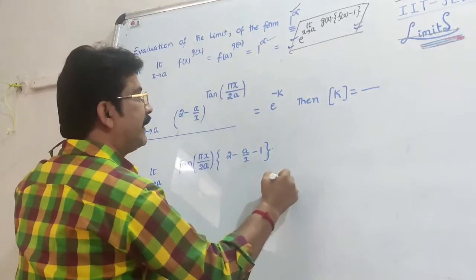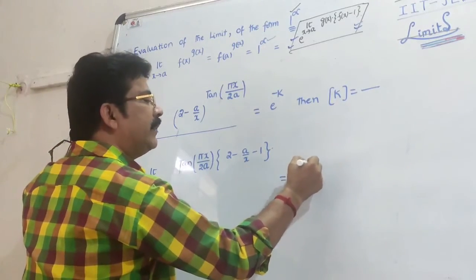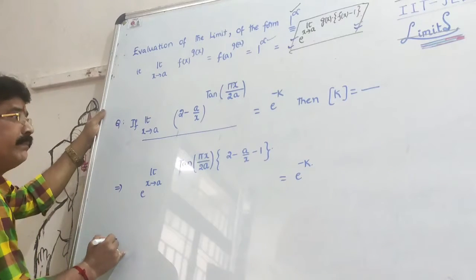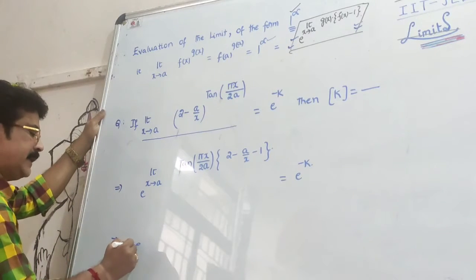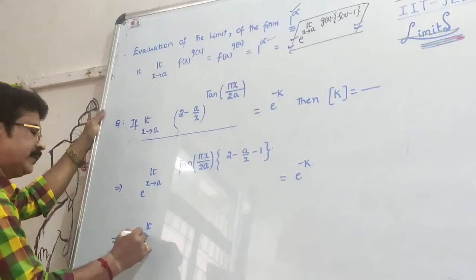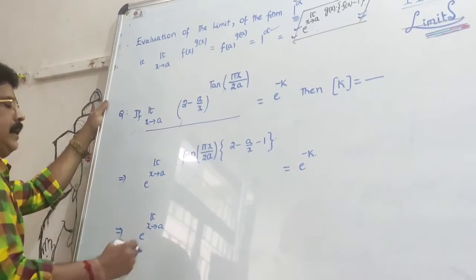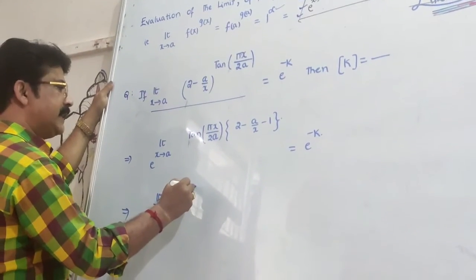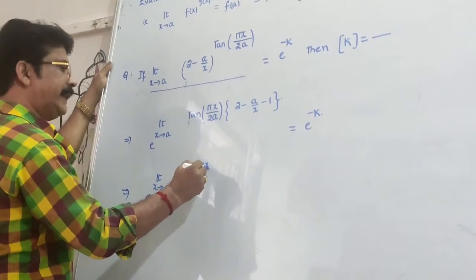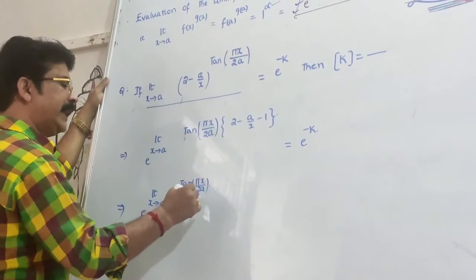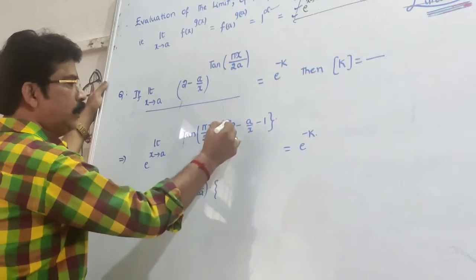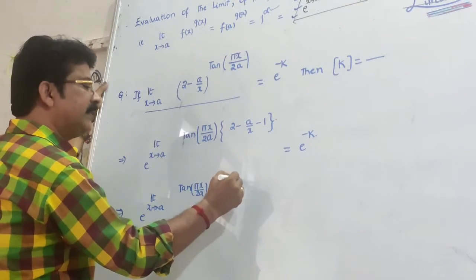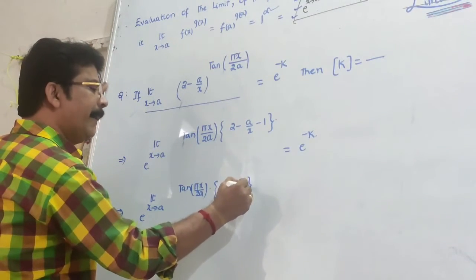Of course it is given as e power minus k. So that implies e power limit x tends to a, it is tan of pi x divided by 2a into (2 minus 1 minus a divided by x).